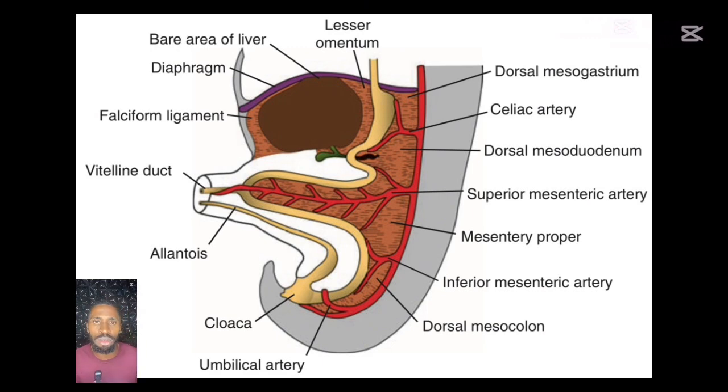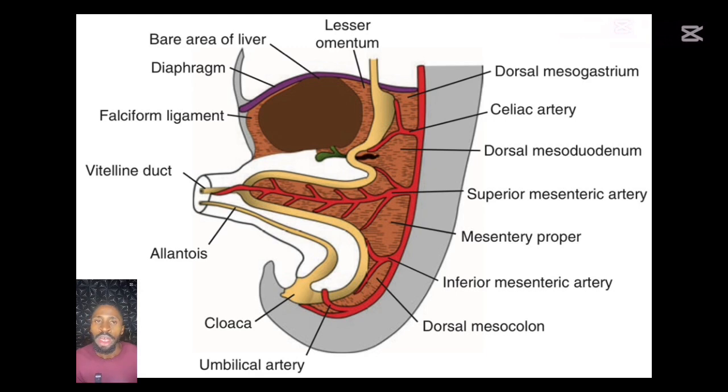Now what happens? The liver bud, which forms some part of the liver, grows into the septum transversum, and when it does, it divides the ventral mesentery into the lesser omentum and the falciform ligament. Don't forget the lesser omentum and the falciform ligament, while the dorsal mesogastrum forms the greater omentum.